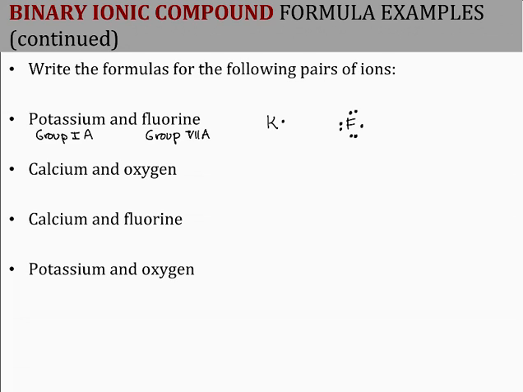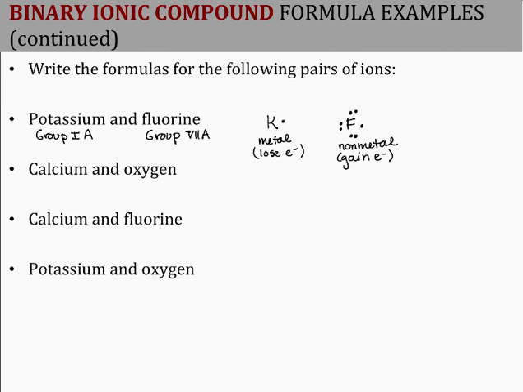So potassium is a metal, which means it wants to lose electrons. And fluorine is a nonmetal, which means it wants to gain electrons. And if you're not sure how I determined whether these were metals or nonmetals, you might want to go back to chapter 2 or chapter 3 and look over some of the information there.